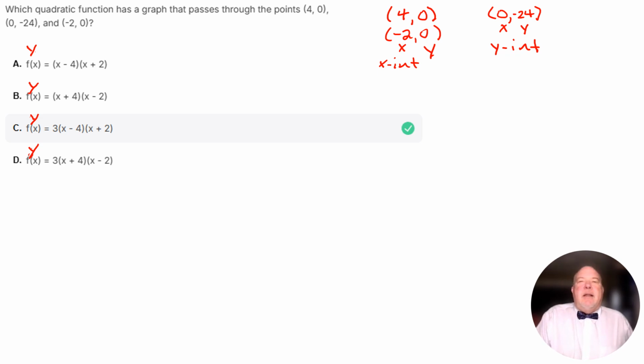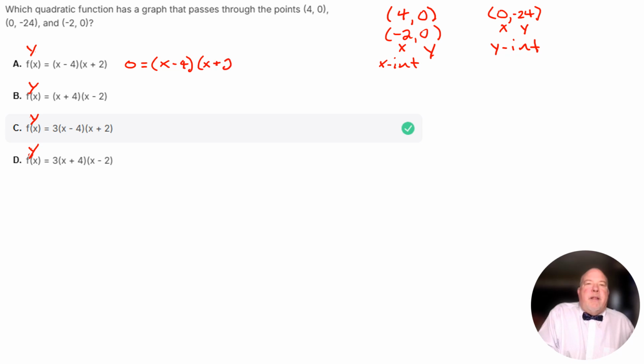So let's start with the x-intercept. The x-intercept occurs where y equals 0, so you plug in 0 for y and then you solve for x. So I have 0 equals x minus 4 times x plus 2.